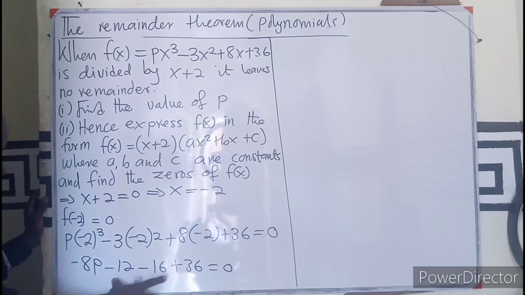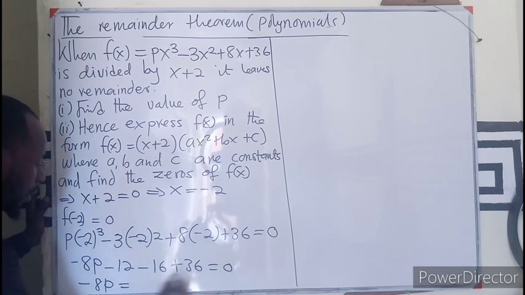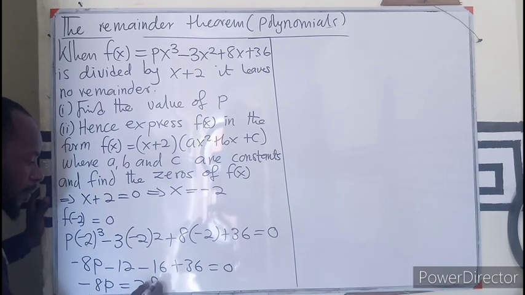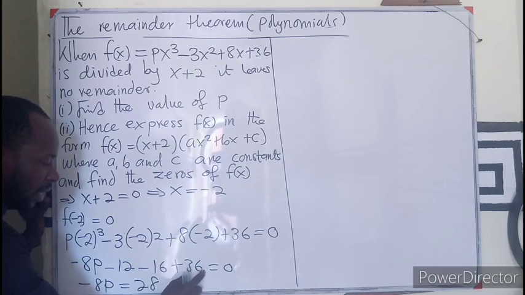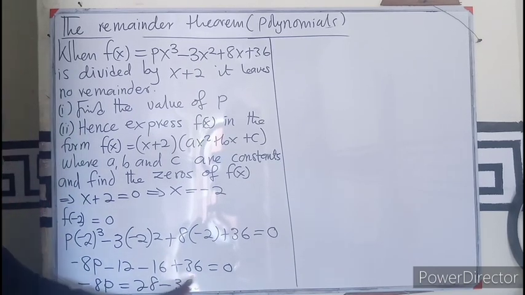So let's see, this is a negative number, so it's going to be negative 28. So negative 8p minus 28 plus 36 equals 0, and the negative 28 crosses to become positive 28.